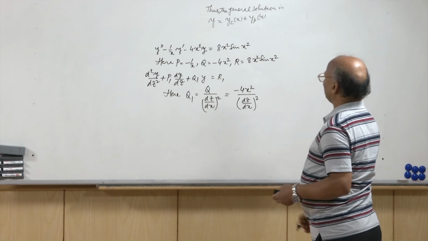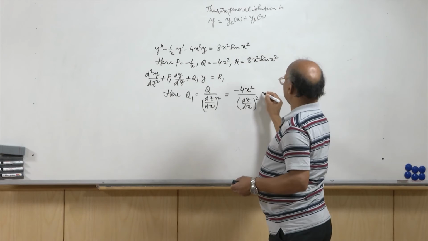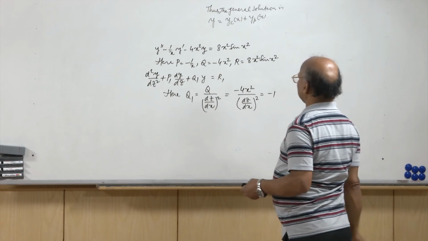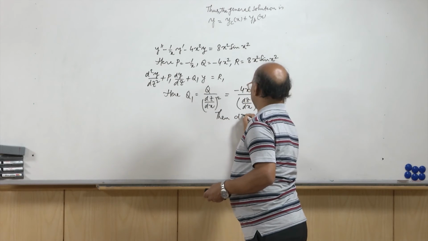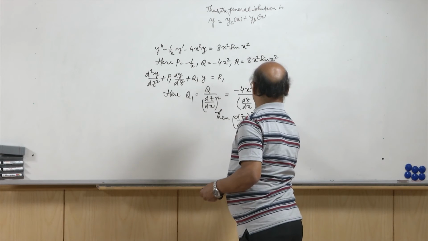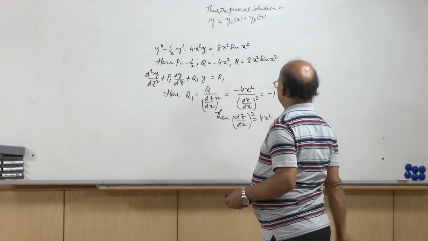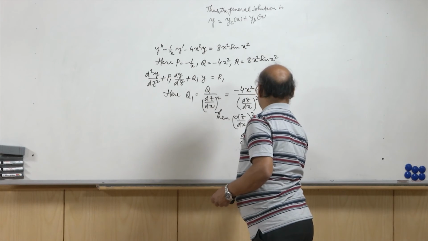So, Q1 we can take as a constant. Let us take the constant as minus 1, then it will be simple. So, let us take Q1 equal to minus 1, then dz by dx whole square will be equal to 4x square. So, which will give us dz by dx equal to 2x.